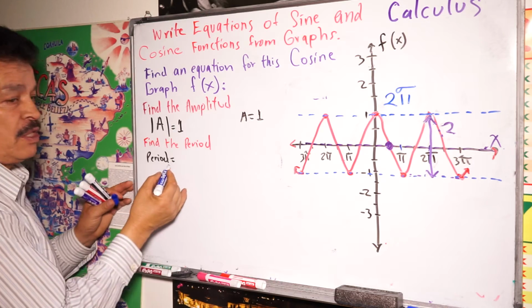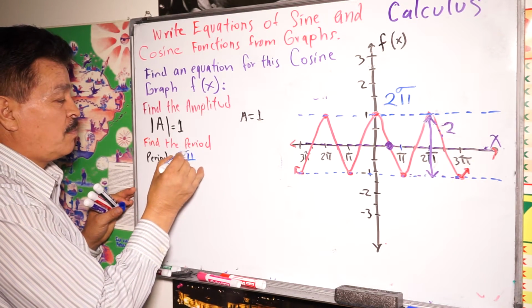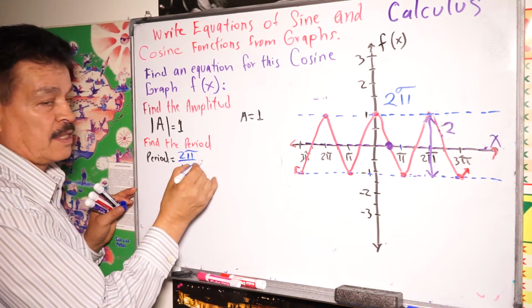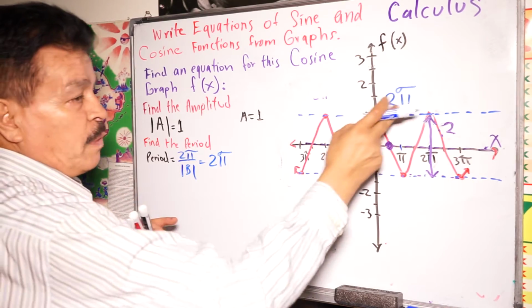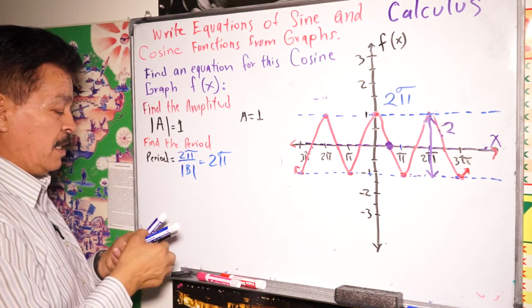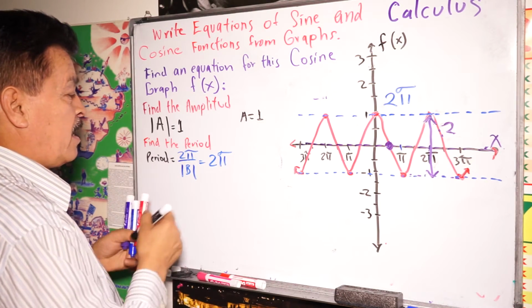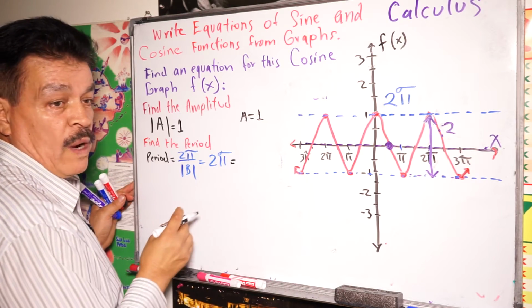So the period in this case is 2 pi. This means that 2 pi divided by the period equals 1. Why?